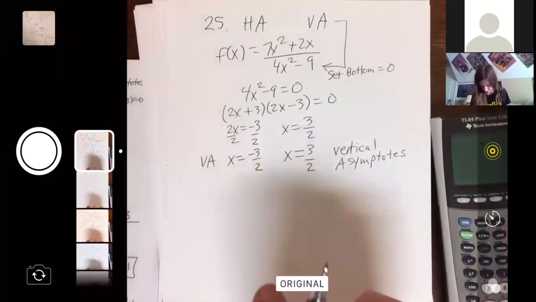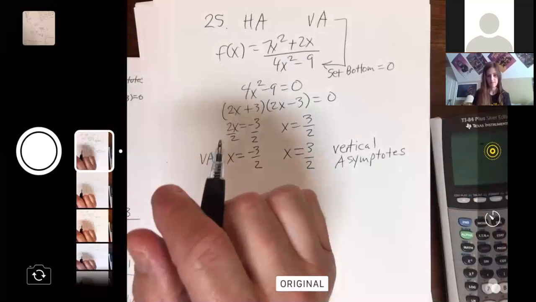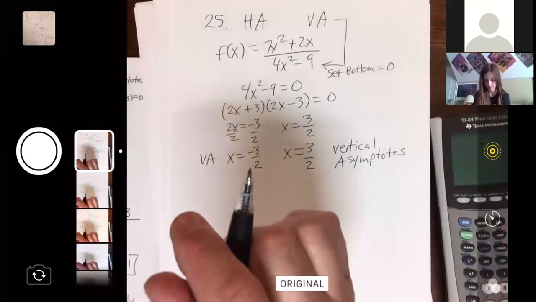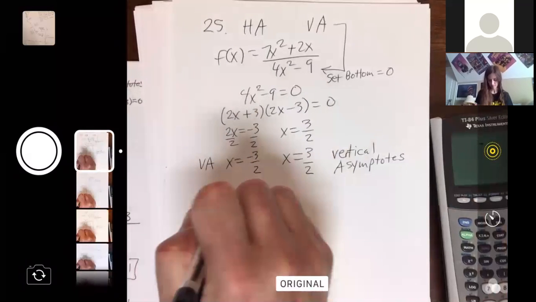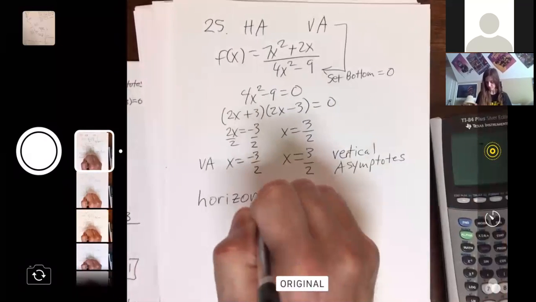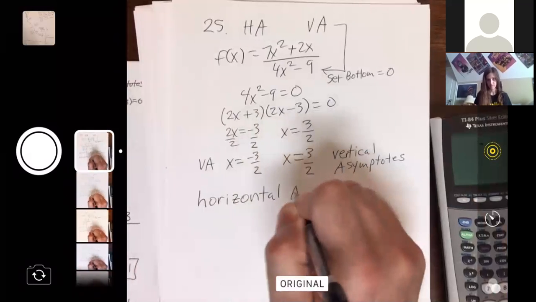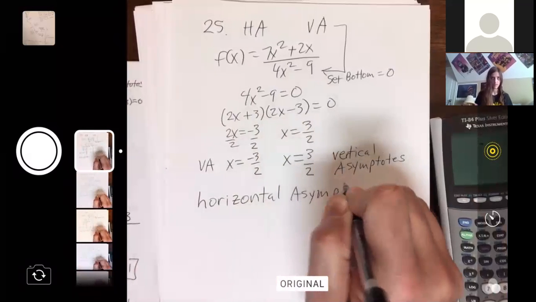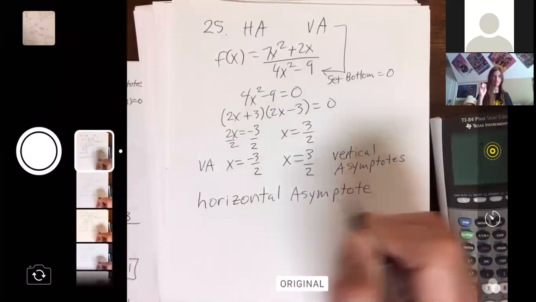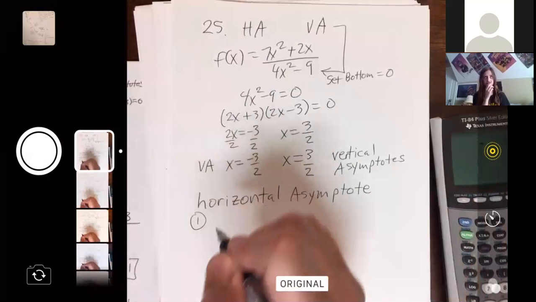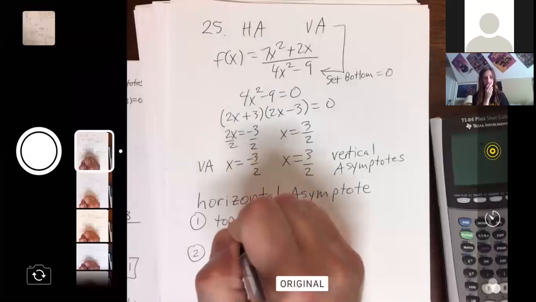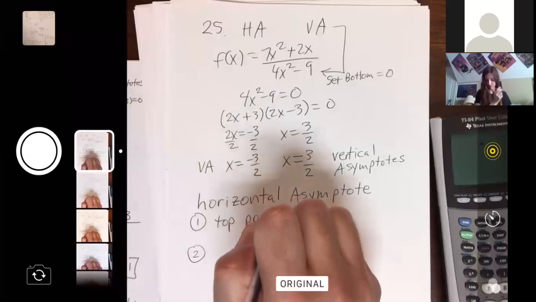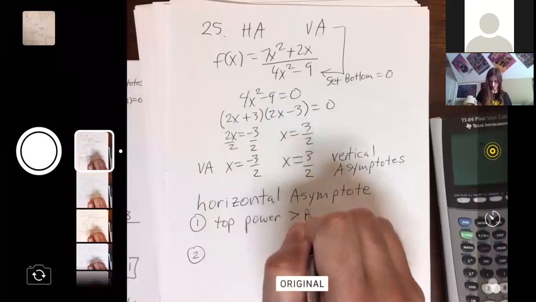The horizontal asymptote is a lot more technical. I don't know if you remember that there were 3 cases. It's about comparing the top power to the bottom power.